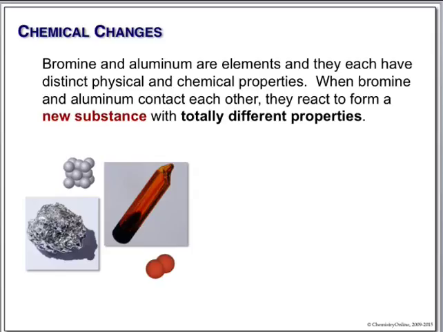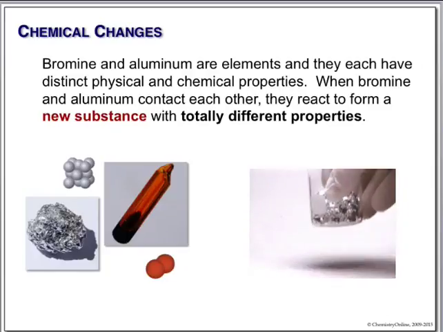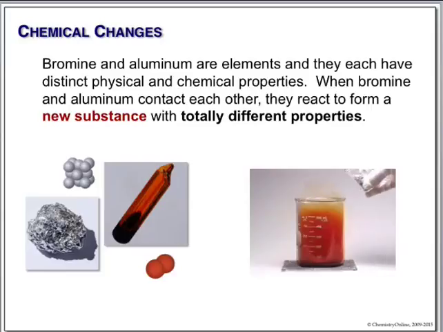If we take bromine and aluminum, they're both pure substances, and we allow them to react, a chemical change will occur. This is the aluminum, and we're going to pour it into this fuming beaker of bromine.